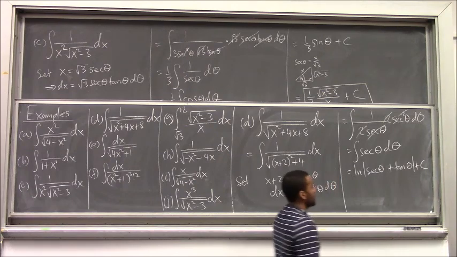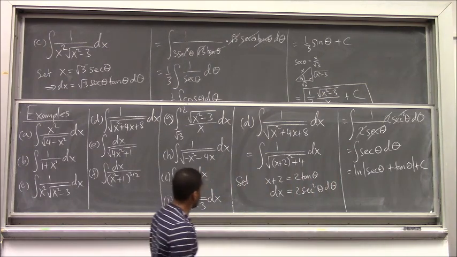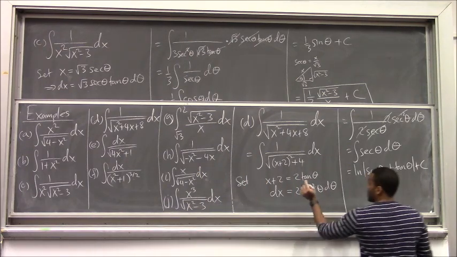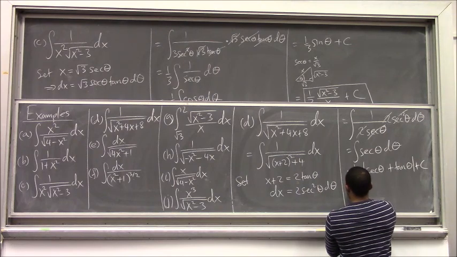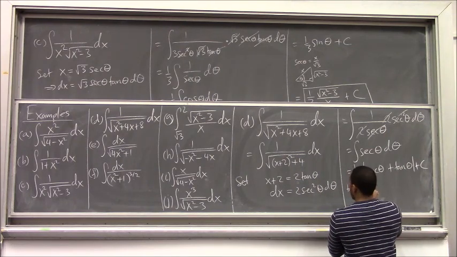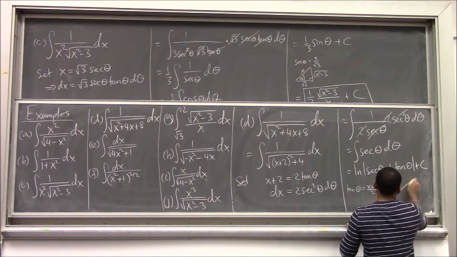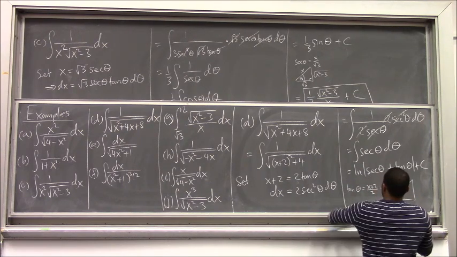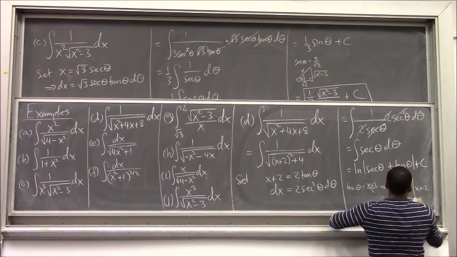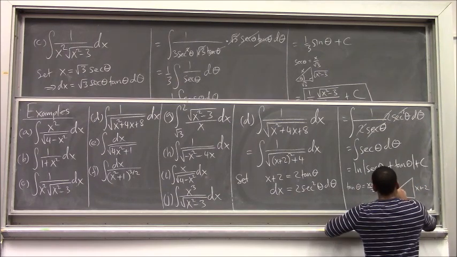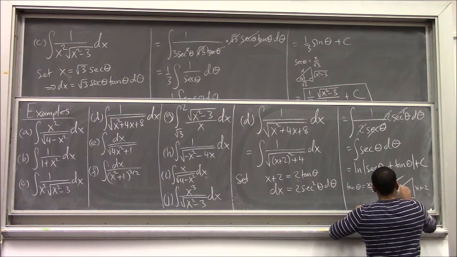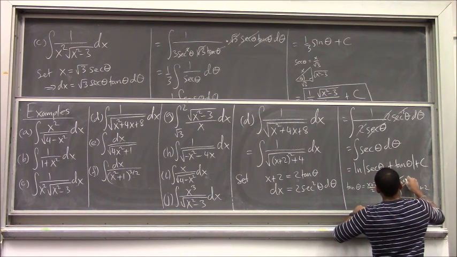And now you're going to want to change those to x's. From here, we know that tangent theta is equal to x plus 2 all over 2, which means I can have this triangle that's opposite over adjacent, and the hypotenuse is going to be the square root of this square plus that square, which is actually just the original thing.